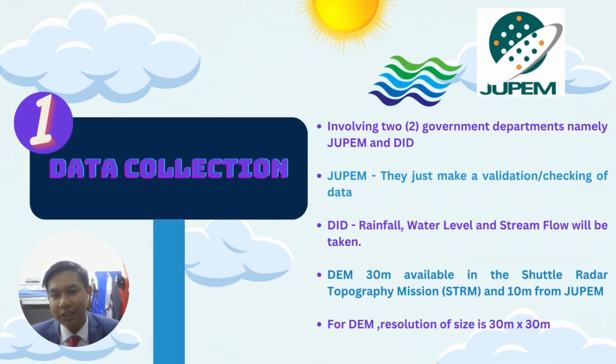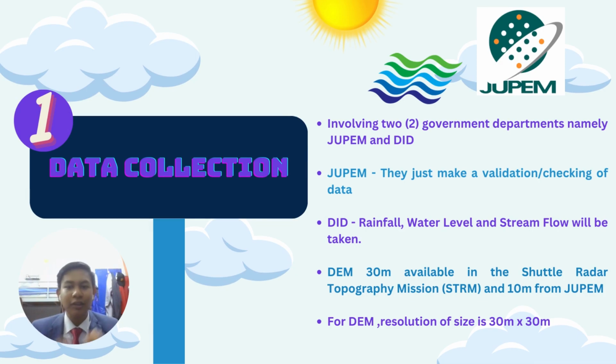Okay, the first one is data collection. So in this methodology, we involve two government departments, namely JUPEM, Jabatan Ukur dan Pemetaan Malaysia, and DID, Jabatan Pengairan dan Saliran Malaysia. JUPEM shared with us the DEM, which is in size 10 meter by 10 meter, and then they make a validation or check of the data that we use.